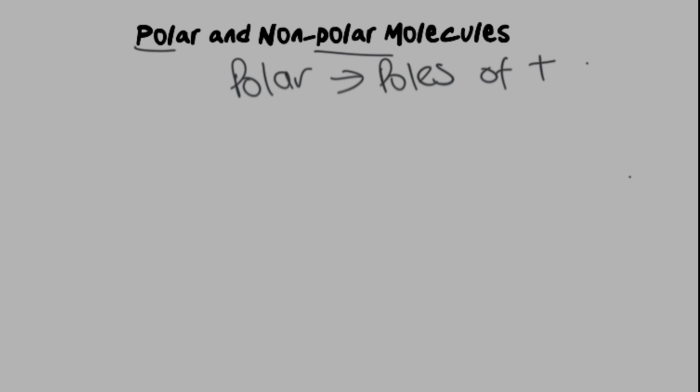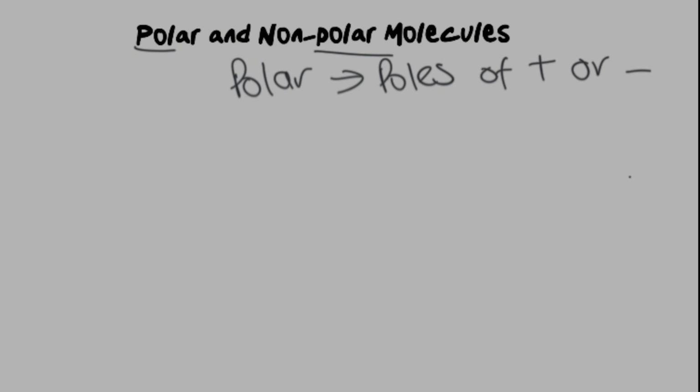Alright, so today's lesson will discuss polar and non-polar molecules. So I would like to bring your attention to these particular words, right? Polar, in the case of chemistry, looks at poles of positive or negative.